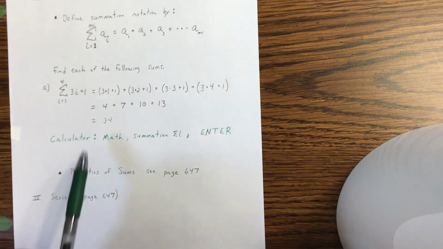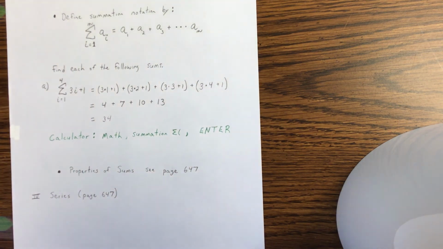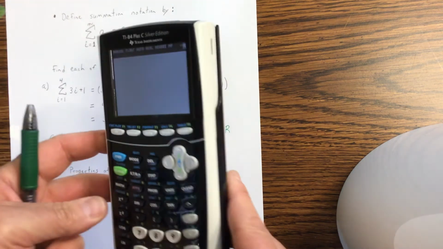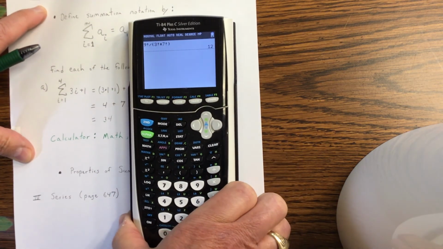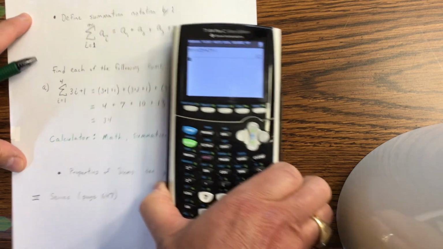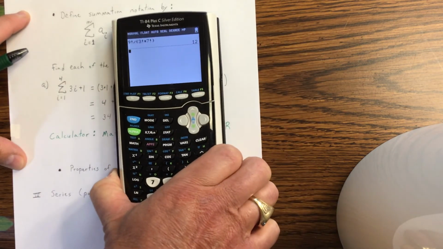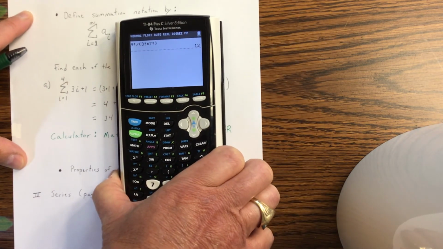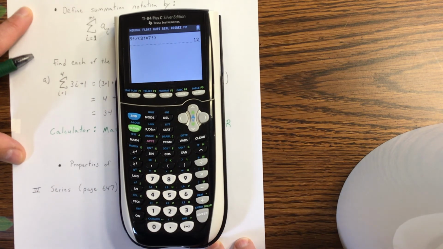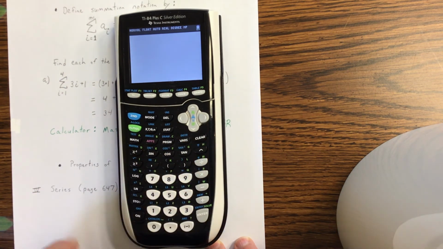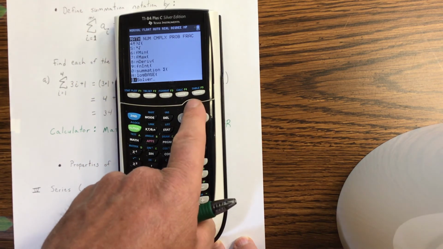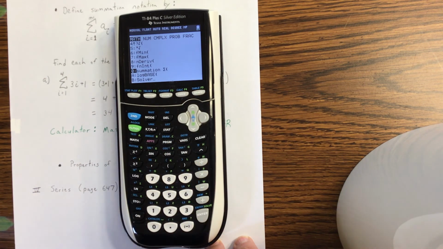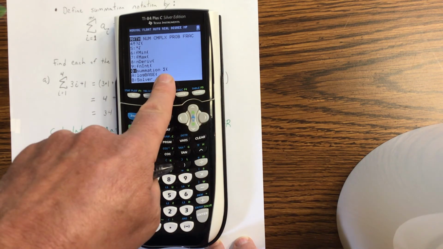Now you can also use this on your calculator. For example, I want to do the same problem. We already know it's 34. What you want to do is very simple. Let's clear our screen. The first thing we do is go to math. Now under math, look for the button that says summation, this symbol.